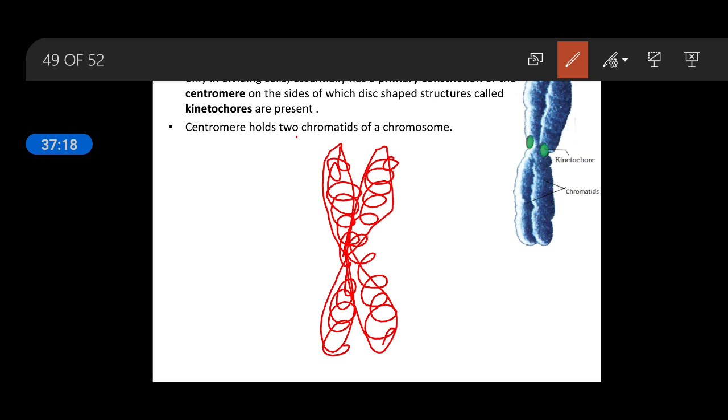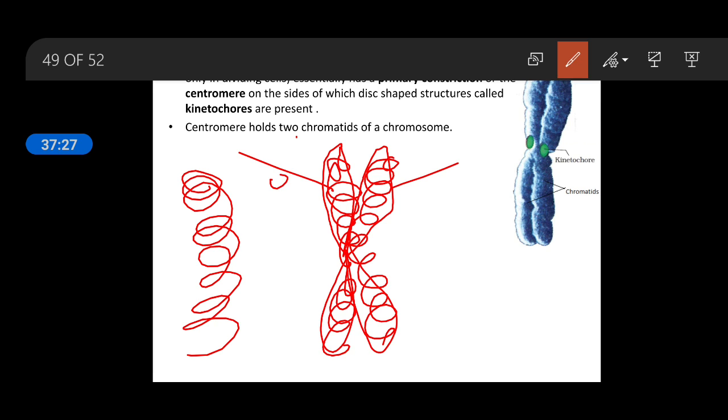So there are two chromatids in a chromosome.